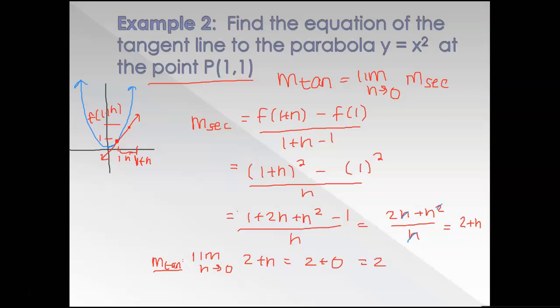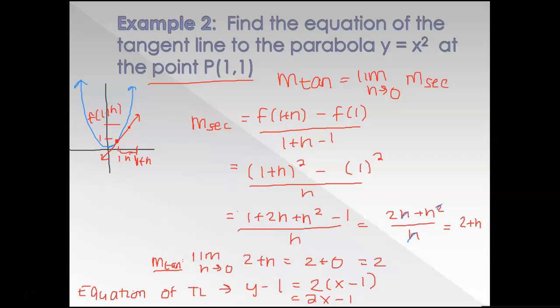So the equation of the tangent line becomes y minus y1, or in this case 1, equal to our slope, which is 2, times x minus x1, which is 1. Or the equation of my tangent line is y minus 1 equals 2 times quantity x minus 1, which reduces to 2x minus 2 plus 1, or 2x minus 1.